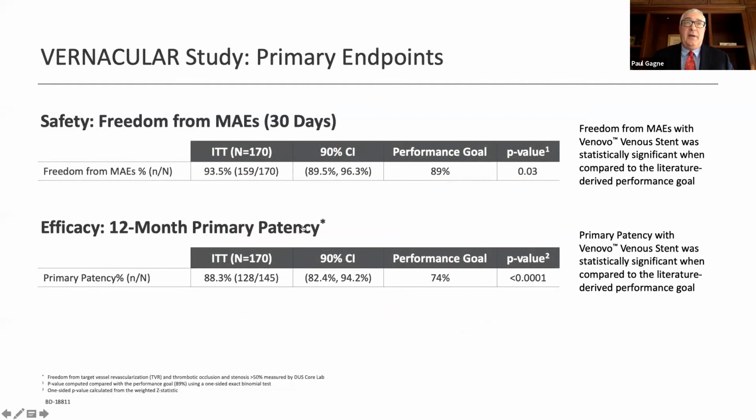The freedom from major adverse events was high. There were no significant complications in this trial. But if you see here, the primary patency was 88% for all comers.